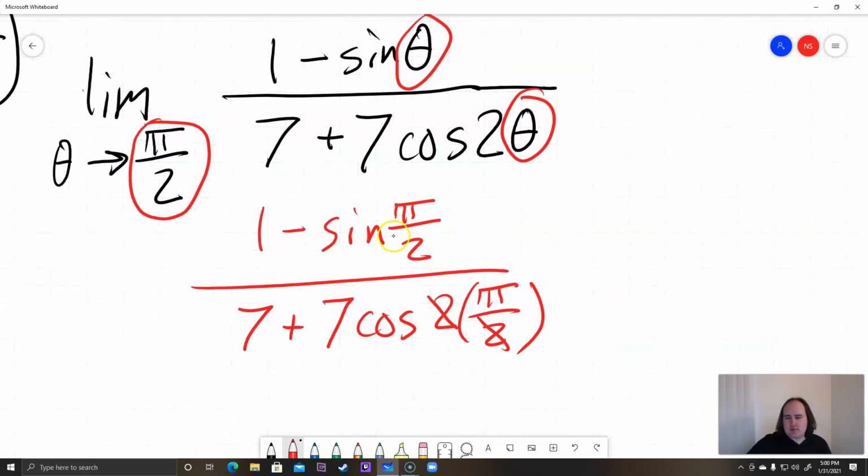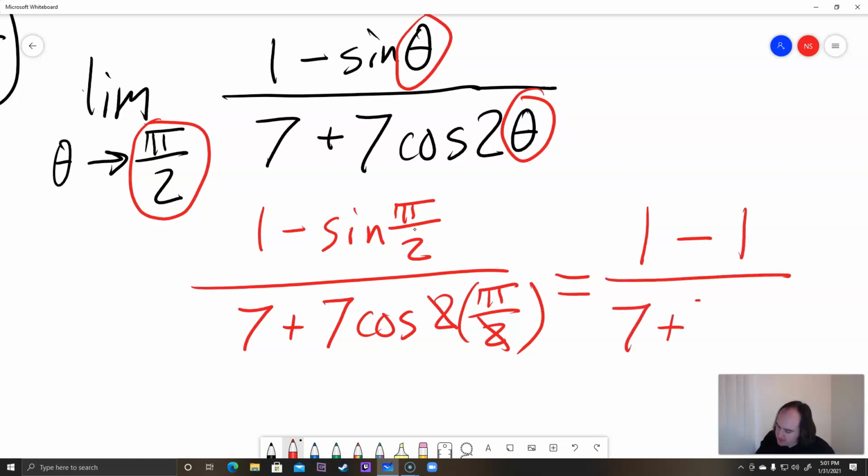And then on the top, I don't know if you remember this from the unit circle, but pi over 2 is actually the same as 90 degrees. And there sine is going to be your y value, which is positive 1. So this is actually going to be 1 minus 1 on the top, and then on the bottom, we're going to have 7 plus 7 times cosine of pi.